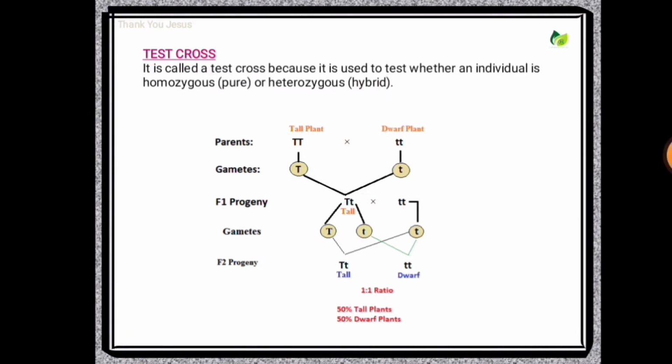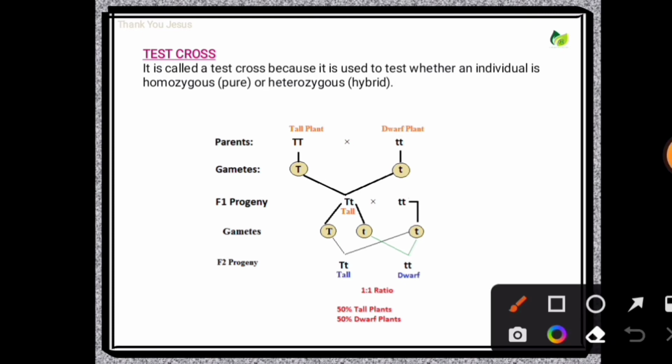It is called a test cross because it is used to test whether an individual is homozygous or heterozygous. Look at the picture. You have an F1 individual. You don't know the genotype of this plant, but you know from its phenotype that it is a tall plant. You don't know whether it is homozygous or heterozygous for a particular character.